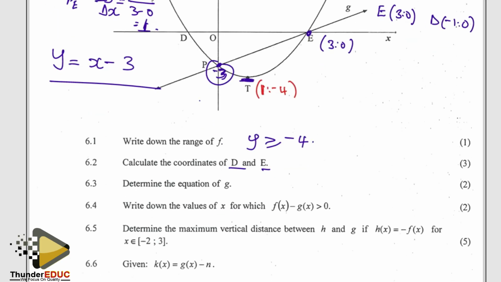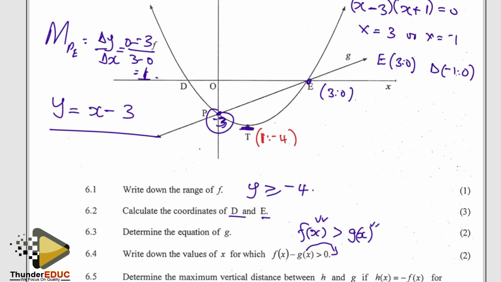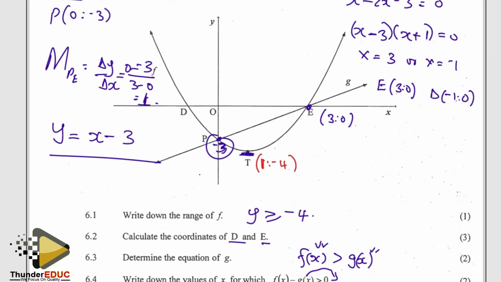Okay, and then write down the values of x for which f of x minus g of x is greater than 0. So I'm going to move this g of x that side so that f of x is greater than g of x. It's quicker this way. So what this means is, where do I find the graph of f to be above the graph of g? Where is f? This is f.